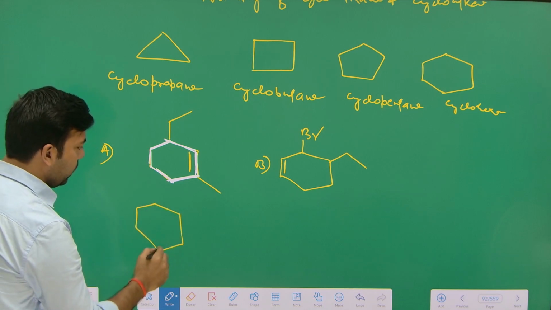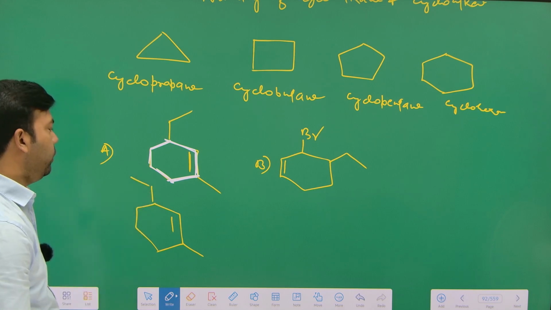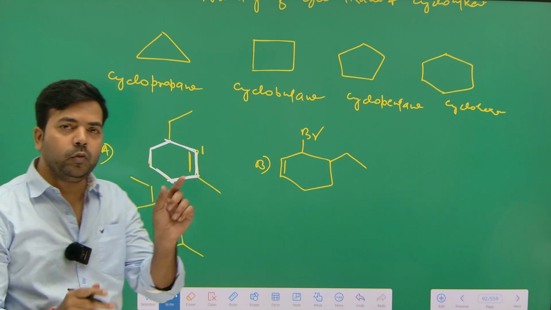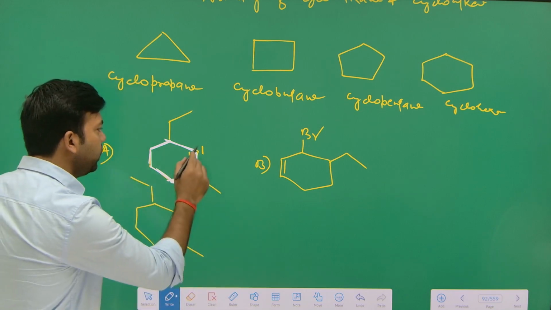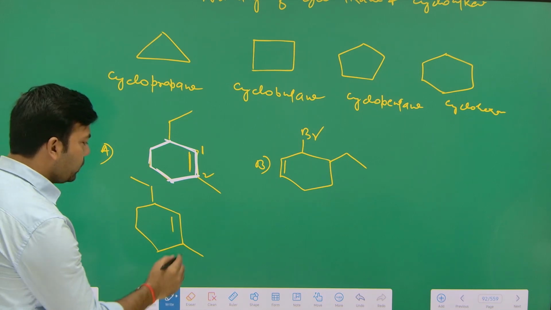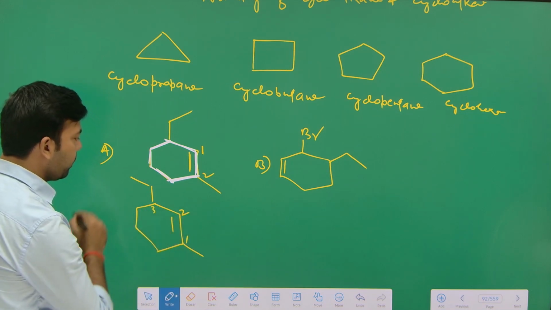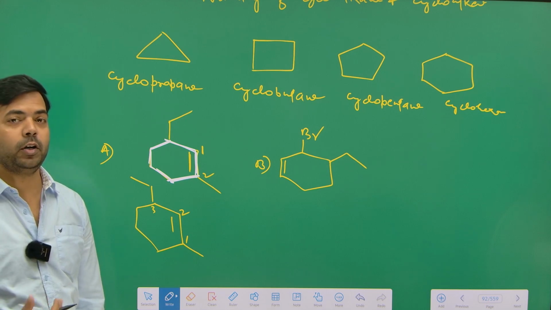I can again copy the same compound. Suppose this is my 1, then 1, 2 will always be on the double bond, always. So this is 1, this is 2. Clear? Suppose this is my 1 and this is 2 and this is 3. Let me know which one is correct according to the priority order.